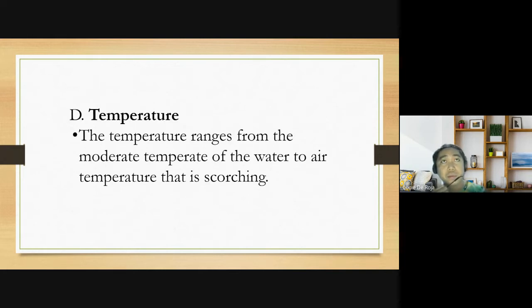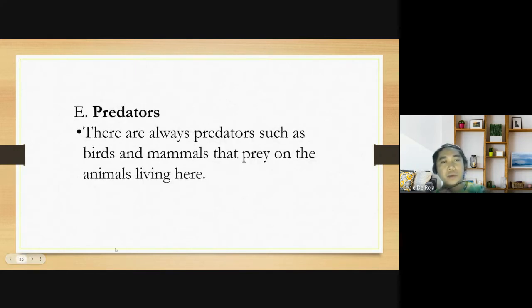Diba? So, yun yung mga factors. Next is predators. There are always predators such as birds and mammals that prey on the animals living in the intertidal zones or estuaries.